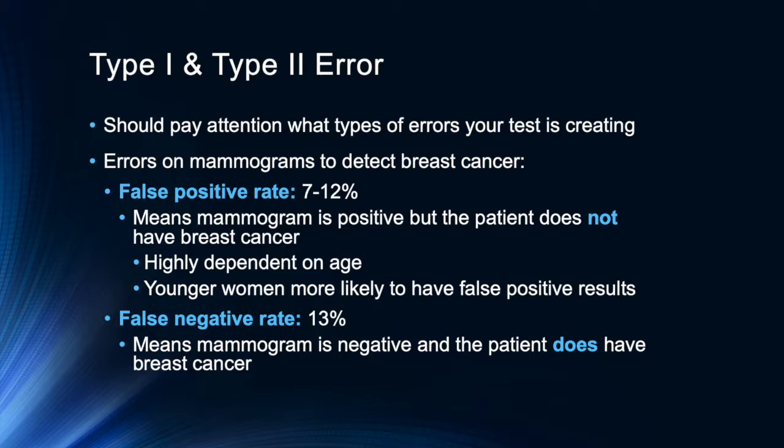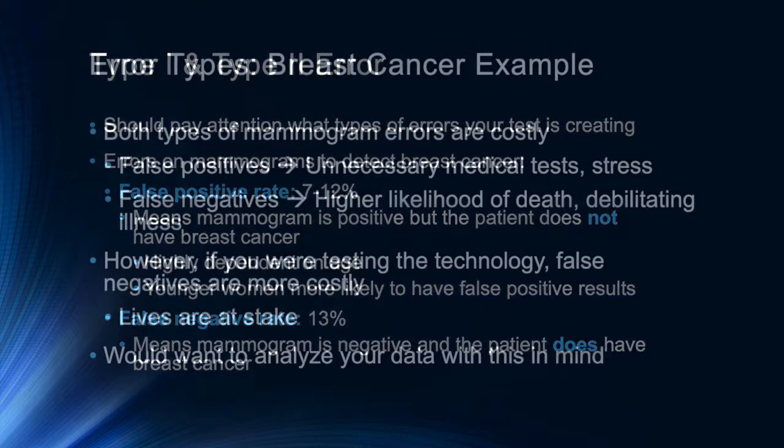So every time that you do a statistical test, you need to think about what types of errors are really bad in this situation, and then modify the test in order to try to not get that particular result. And I can give an example when we go through our example. So this is what I've already gone over.